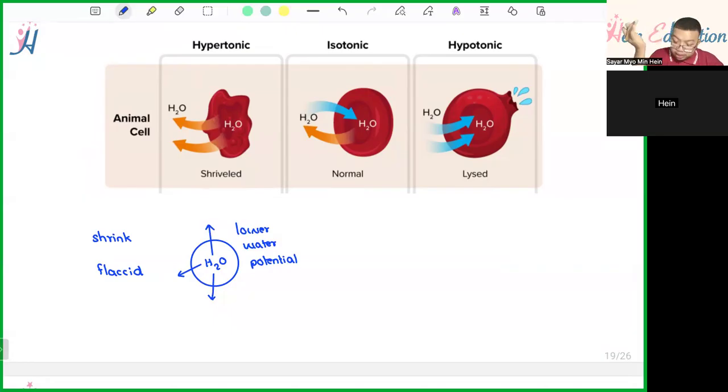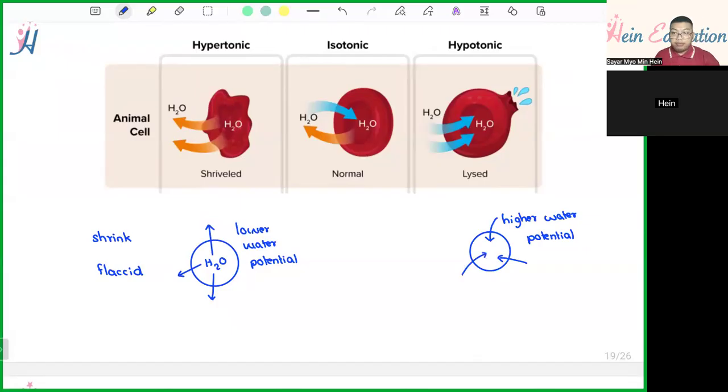For the hypotonic solution, there will be a higher water potential outside of the cell. In this case, water will enter the cells.